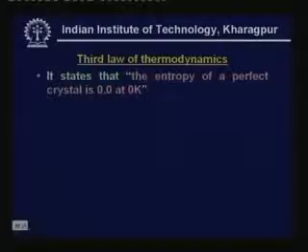A highly disordered system will have higher entropy compared to a highly ordered system. So, entropy is an indication of disorder, and at absolute 0, theoretically all the motion ceases. So, there will not be any disorder due to motion, and for a perfect crystal even the arrangement will also be perfect. So, a perfect crystal is a perfect example of order. Since it is perfectly in order, its entropy will be 0. So, this is a consequence of the third law of thermodynamics.